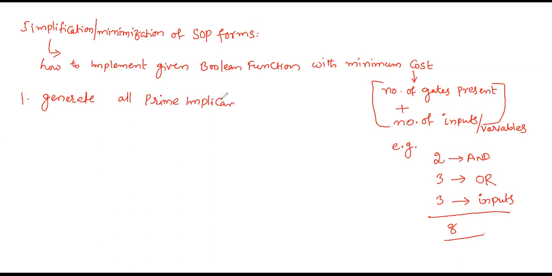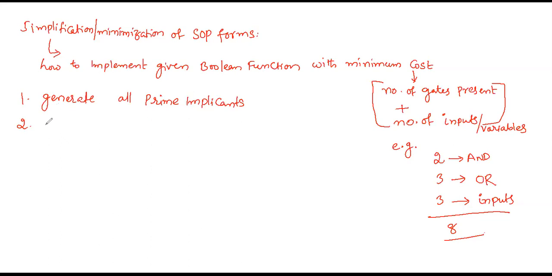Prime implicants are nothing but grouping the minterms. Generate all the grouping of the minterms. A group of minterms is known as prime implicant.